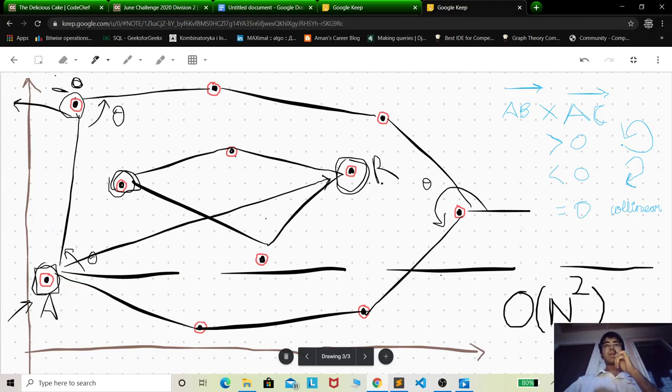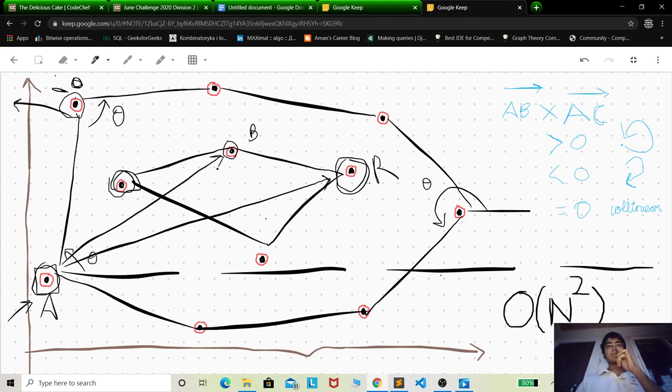So what we do is we iterate through all the remaining points. Suppose while iterating we find this point B, and we draw a line segment from A to B. Now the cross product of AR and AB will be greater than 0 because it's anti-clockwise, so we are going in this direction.